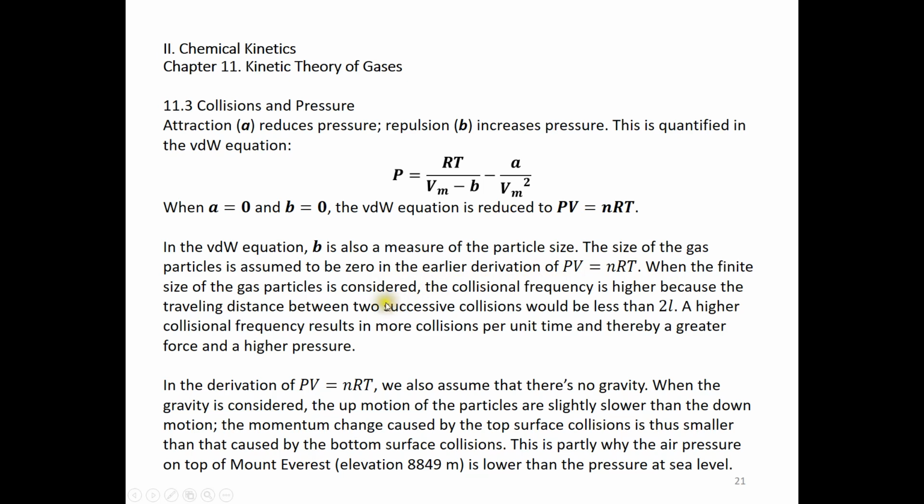But what if we're looking at real gas particles with a finite size? In that case, the collisional frequency is higher than the ideal gas just because the traveling distance between two successive collisions would be less than 2L. So very often you do not have to travel the whole 2L distance to get back to the original position. It's because the particle may collide with the surface, change its direction, but not go all the way to the opposite surface.